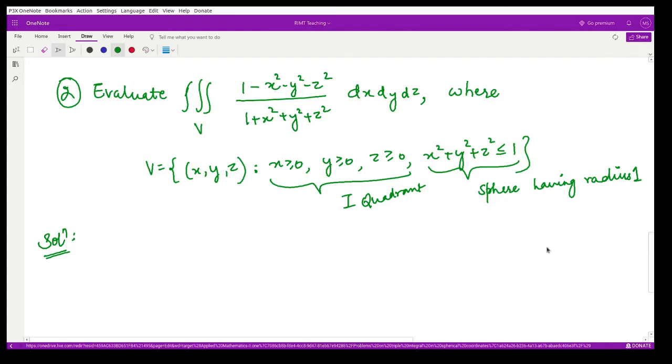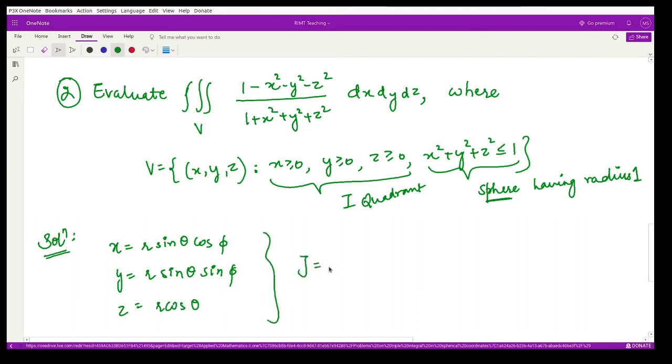You know why we are using that? Again, because we have a region consisting of a sphere. So we know the relationship: x is equal to r sine theta cos phi, y is equal to r sine theta sine phi, and z is equal to r cos theta.